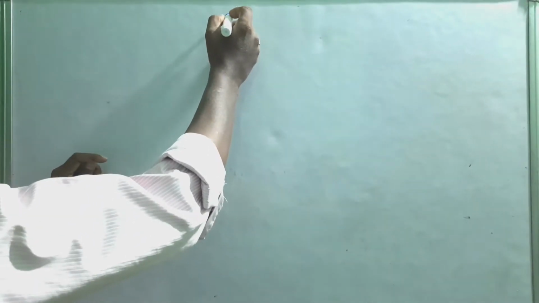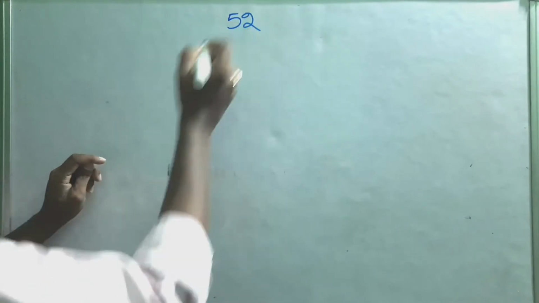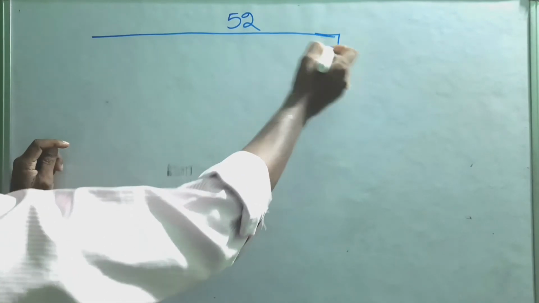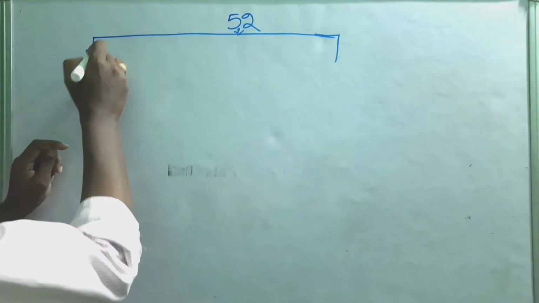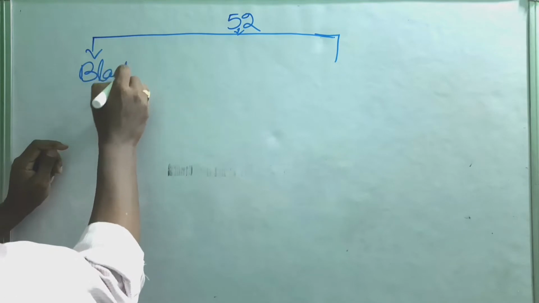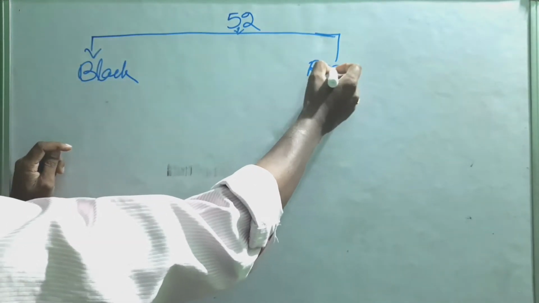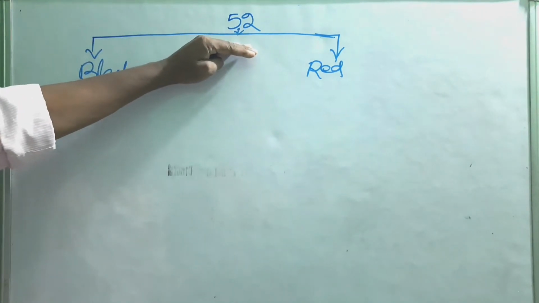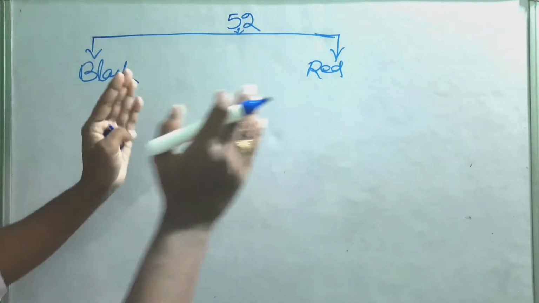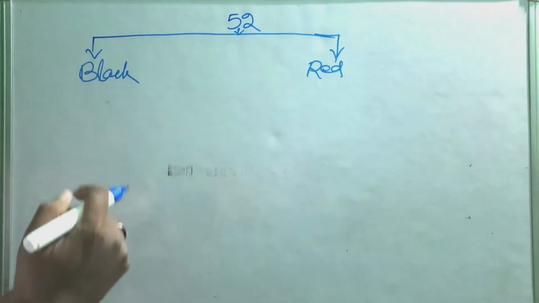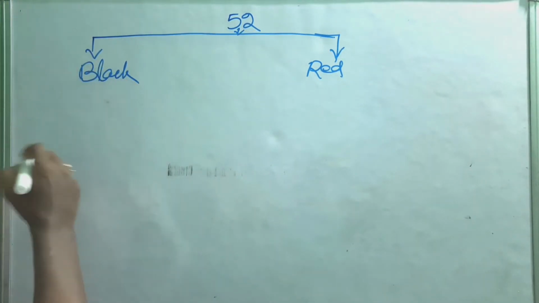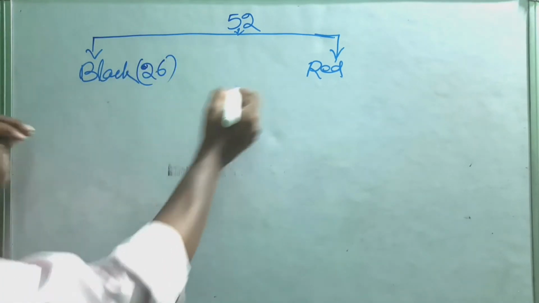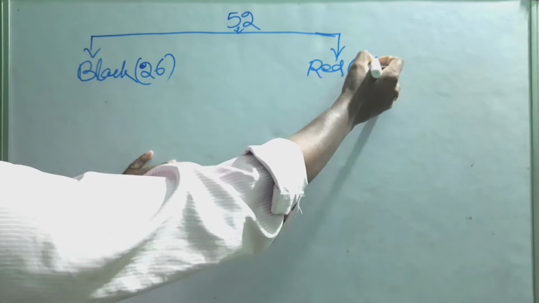There are 52 cards, and we will divide them into two colors: one is black, another is red. These 52 cards have been equally divided into black and red. Black cards are how many? 26. So red is also 26.